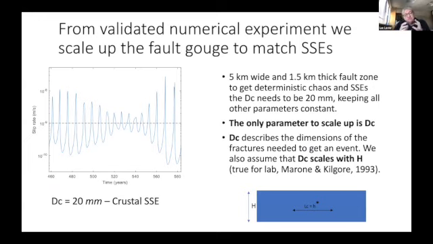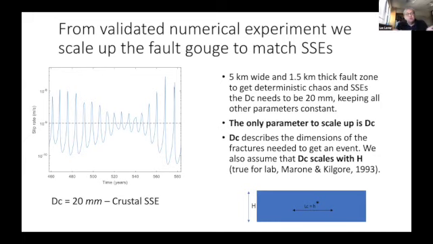To get this kind of deterministic chaos and aperiodic behavior that looks like SSEs, we need to have a Dc in that case of 20 millimeters, keeping all parameters constant. So the only parameter here to scale up every time is Dc. And we know from lab experiments that Dc scales with h.